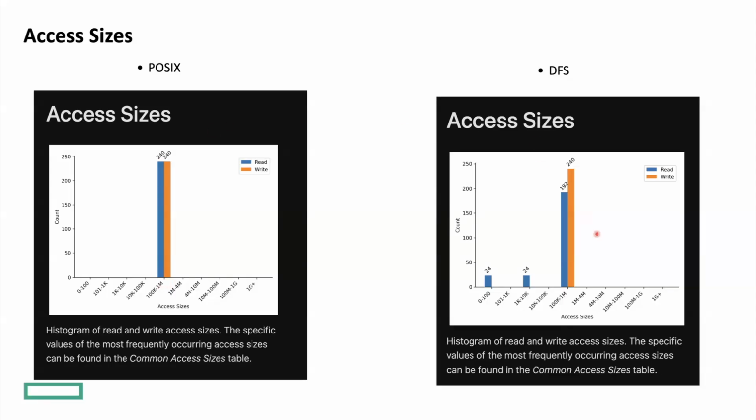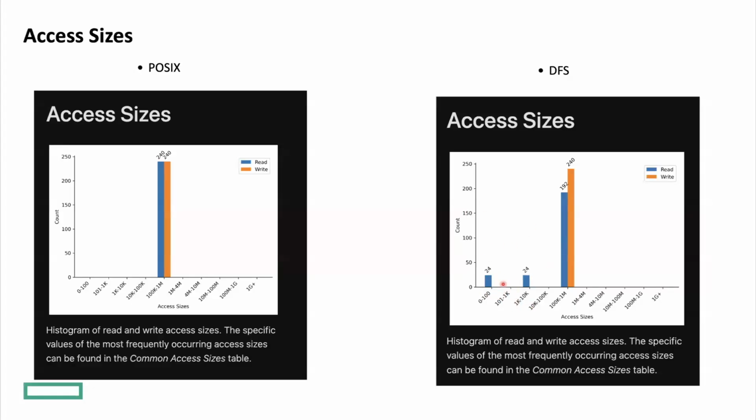But at DFS, we noticed that we still have the 240 accesses on both reads and writes, but we found that there is something more happening at the DAOS level, where 48 final reads were of different sizes. So we are still investigating this one.